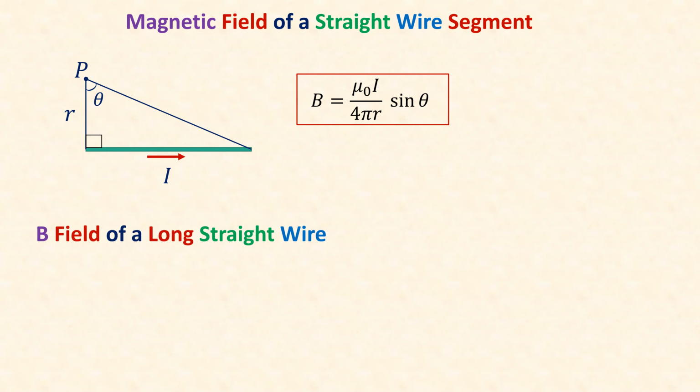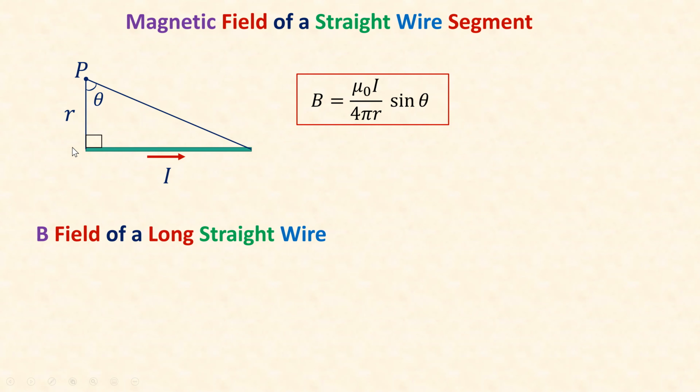If you have a long straight wire, then this side goes to infinity, so this angle theta becomes 90 degrees, and sine theta becomes 1. That's for half a line.